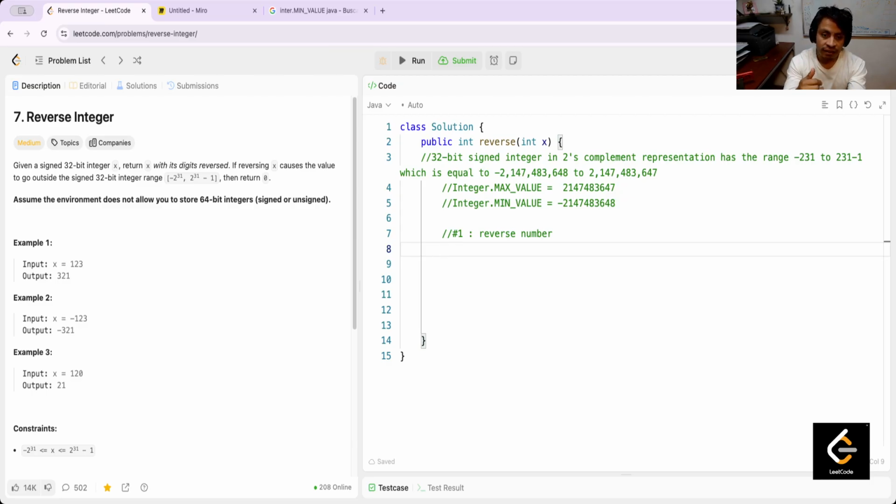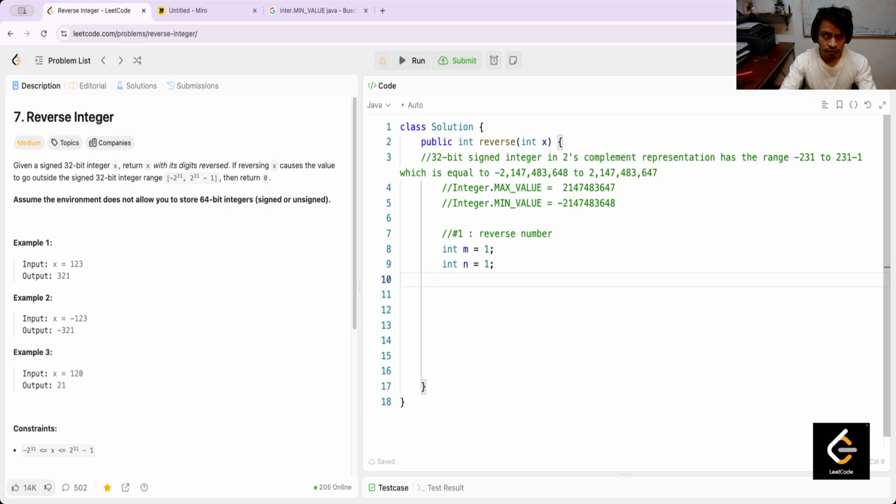Having this idea, basically we use the modulo, take the last digit, and divide the number by 10. Let me show it with code because it is clearer. The first thing is int n equals 1, int result equals 0.